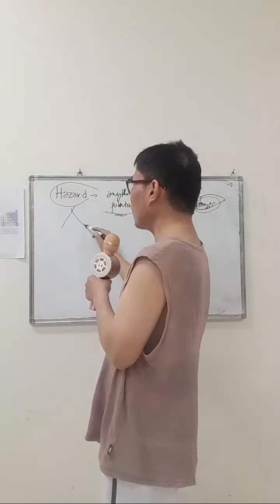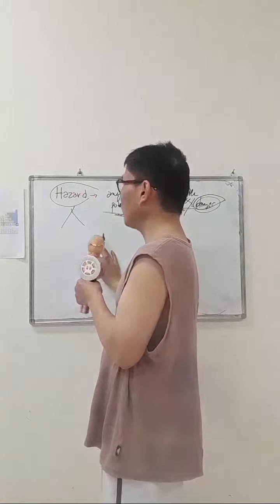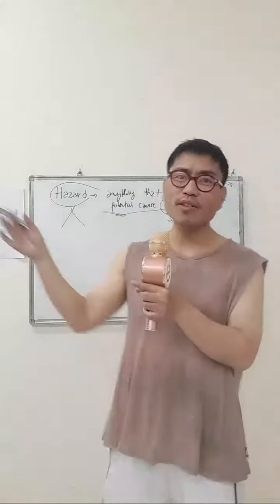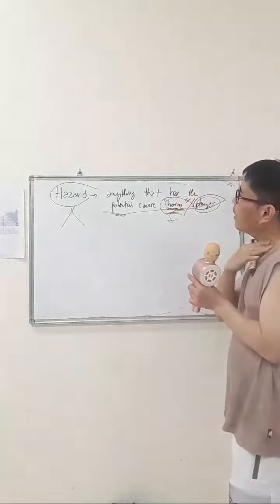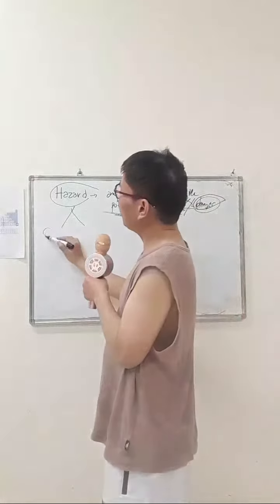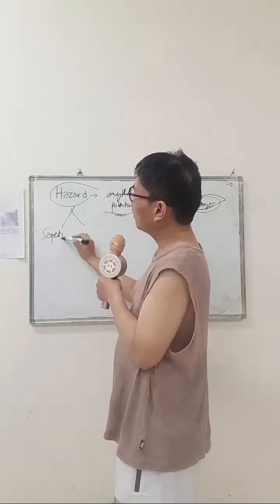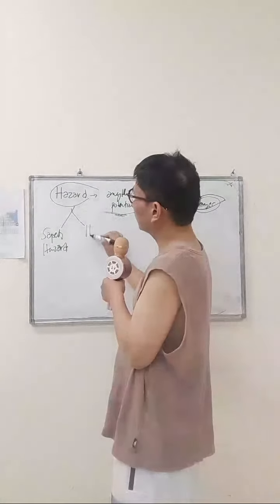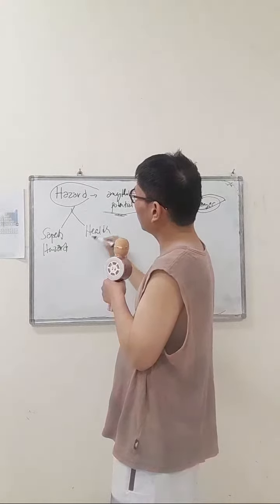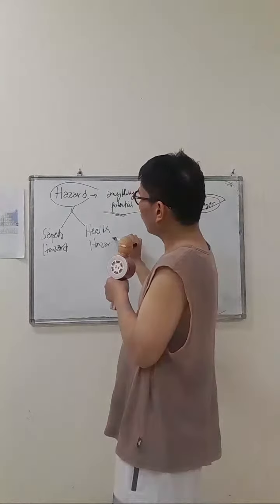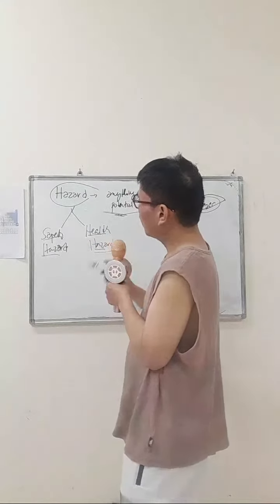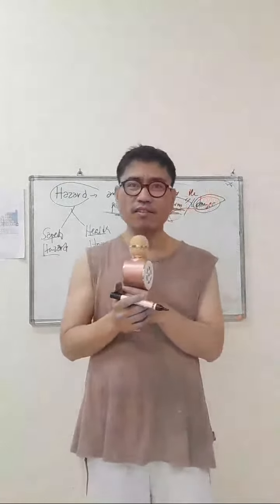Then what are the two types of hazard? We need to discuss this first before going to the health risk assessment, because this can be used there also to understand. So we have the safety hazards and the health hazards. With the examination, for example NEBOSH, IOSH, OSHA, they will ask, what are the two types of hazards?